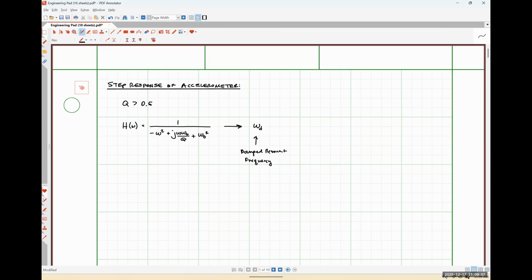And this damped resonant frequency is going to be equal to omega naught, our mechanical resonant frequency, multiplied by the square root of 1 minus (1 over 2Q) squared.